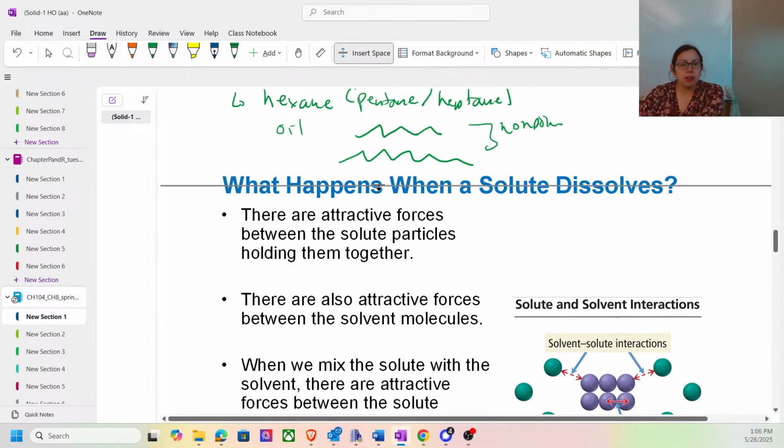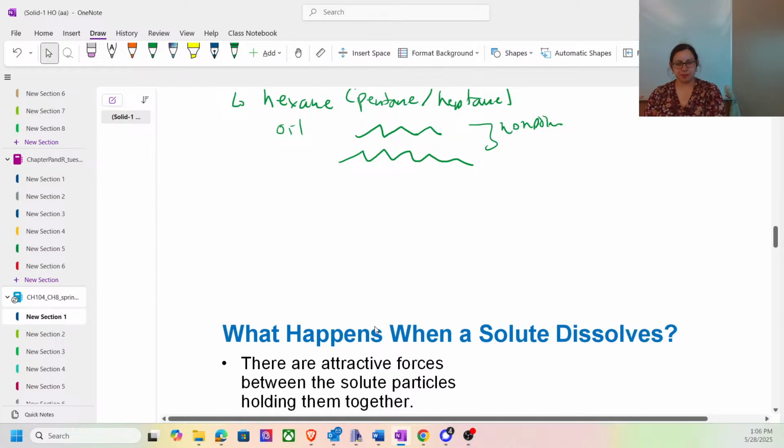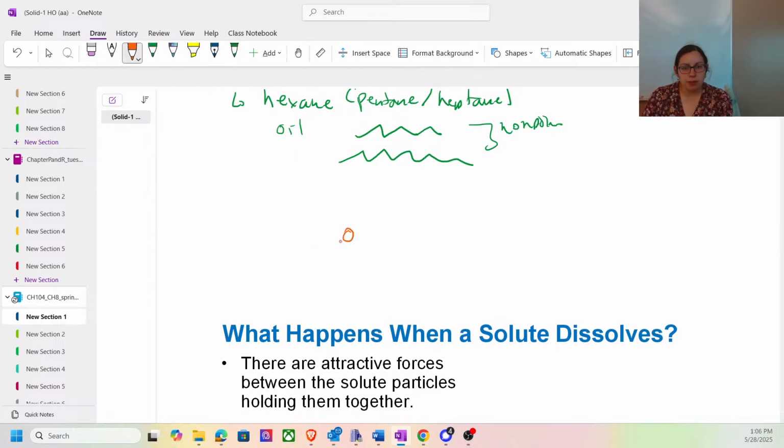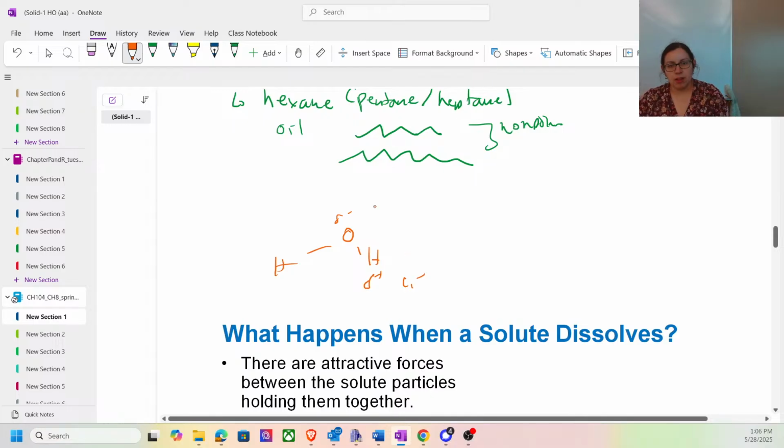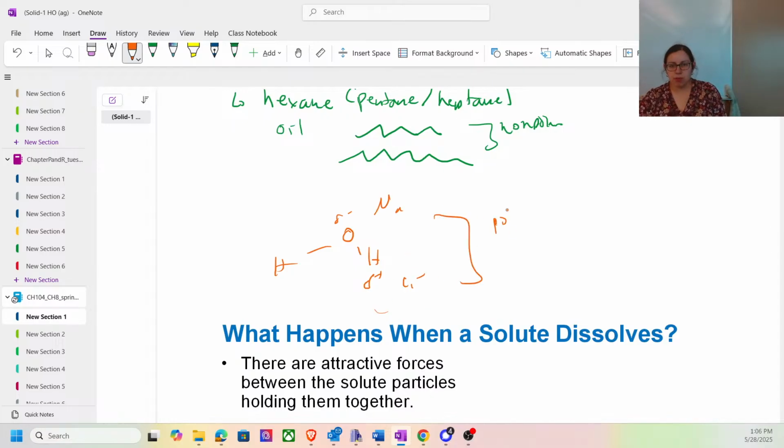Then, obviously, things like water. We've mentioned that water is very polar, and so it can dissolve crystals or ionic compounds like we've seen, or any other thing with hydrogen bonding or something that's polar.